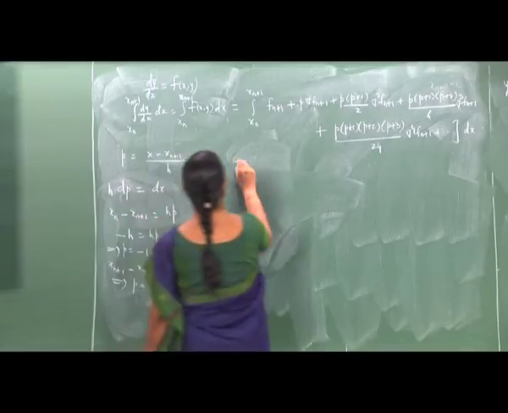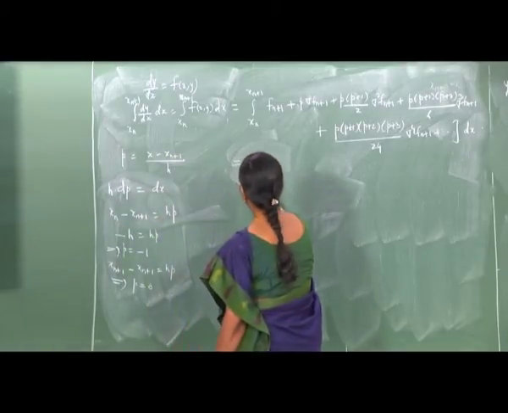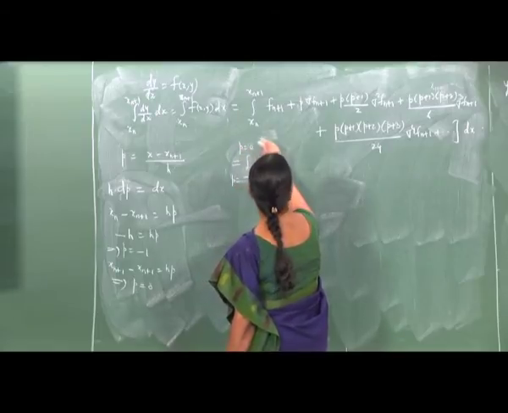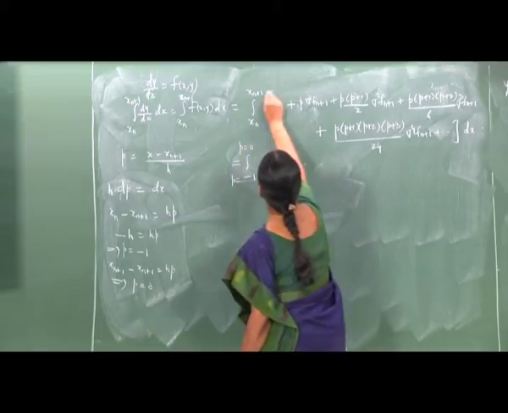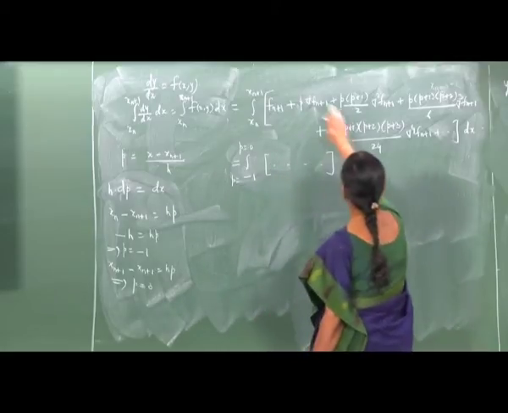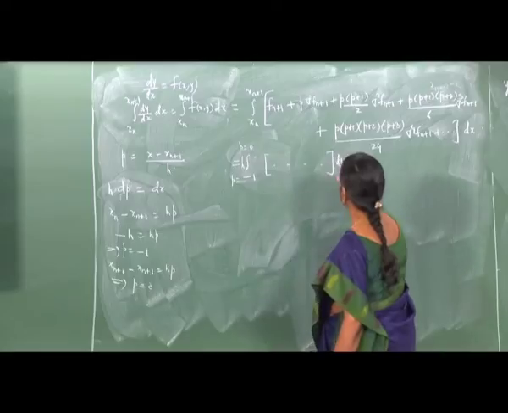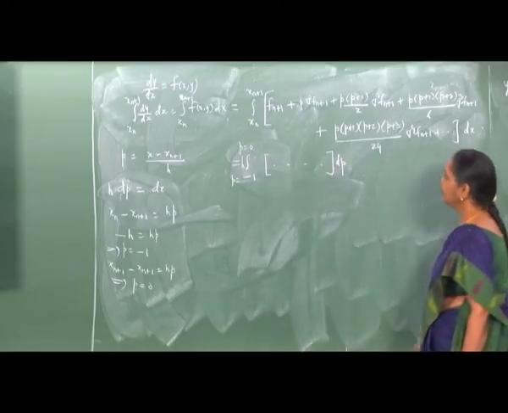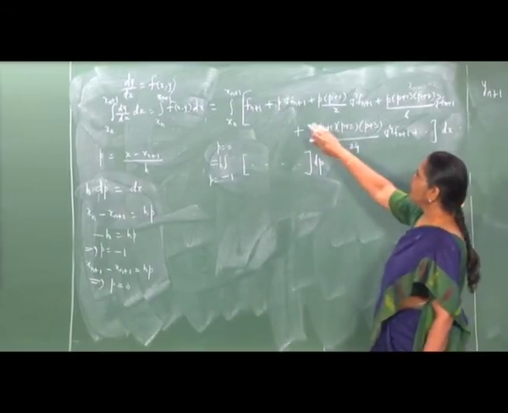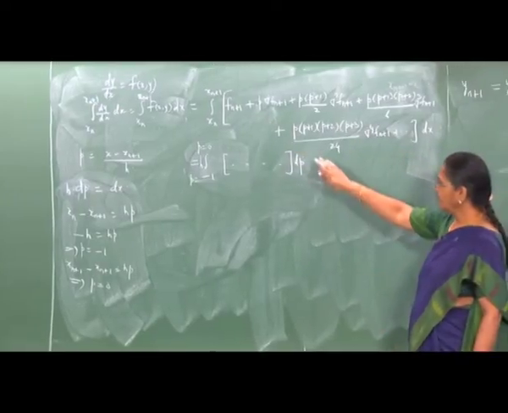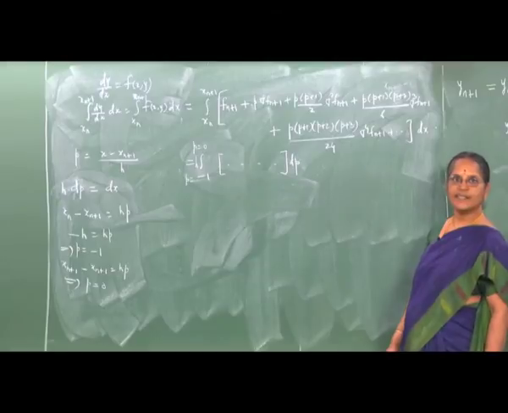So, the limits of integration are p is equal to minus 1 to p is equal to 0 of the terms within this bracket, and integration is now with respect to p. So, you have to work out the details of this integration. I shall give you the result.